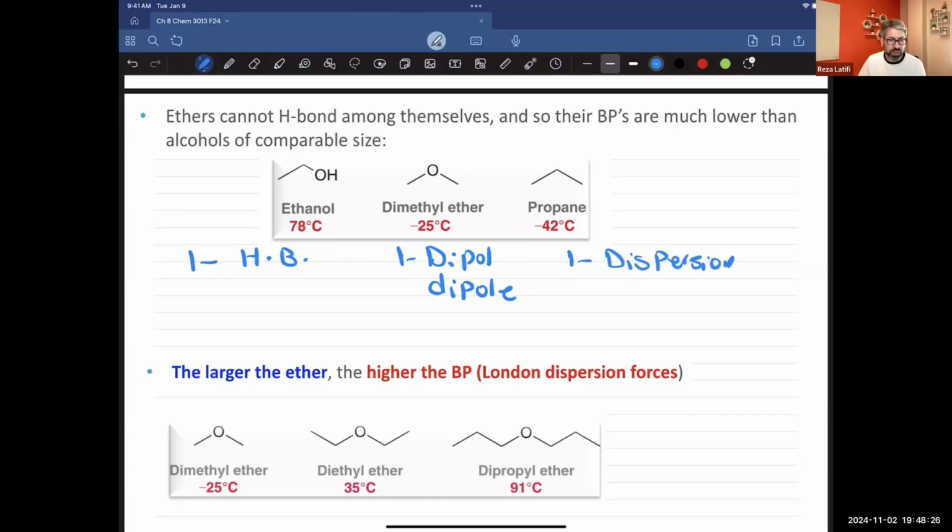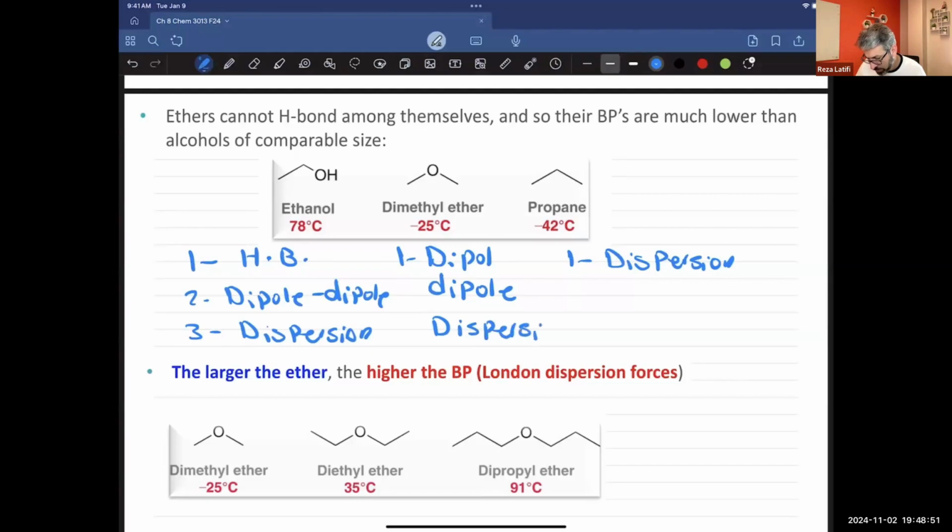And remember, we do have dispersion and dipole for methanol or ethanol as well. So I can say I have dipole and dispersion as well. For ether, we have dipole as the strongest, and then dispersion. But I wanted to highlight the strongest one. The strongest one for alcohol is hydrogen bonding, for ether is dipole, and for alkane is just dispersion.